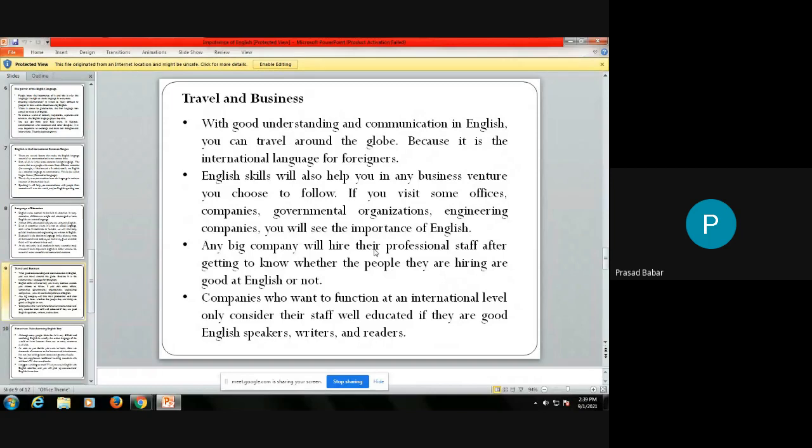If you can understand and speak the English language, then you have millions of opportunities. It is also the international language for foreigners.